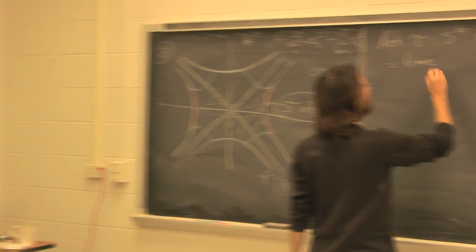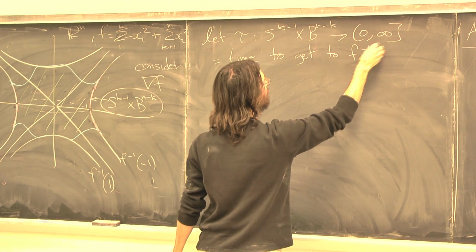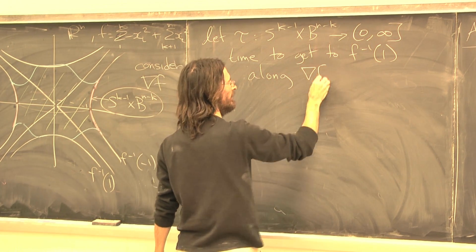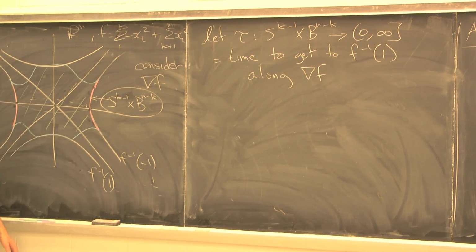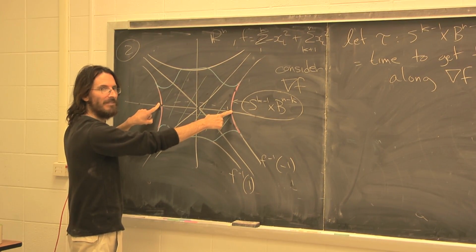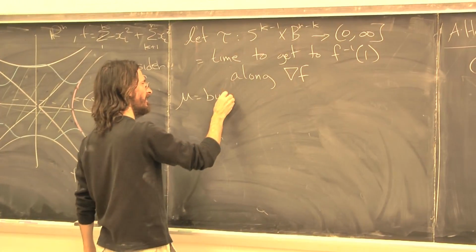So this is the time to get to f inverse of 1 along grad f. Any questions on that function? It goes to infinity precisely along S^(k-1) times 0, right? And then I take mu equals a bump function.